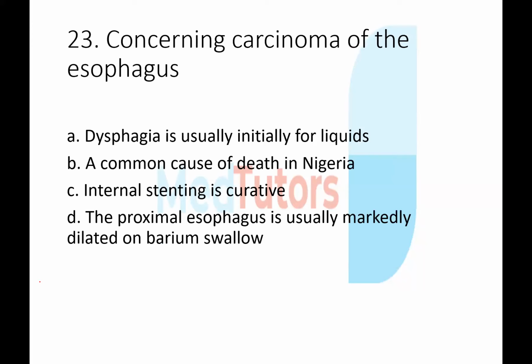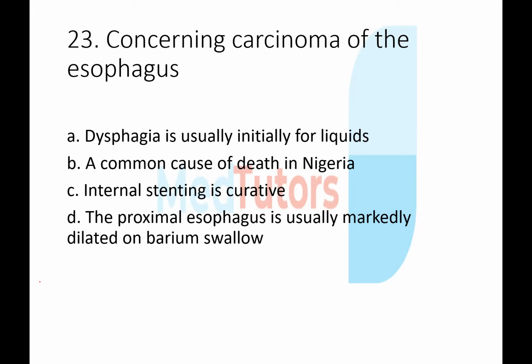Concerning carcinoma of the esophagus, A, dysphagia is usually initially for liquid. B, a common cause of deaths in Nigeria. C, internal stenting is curative. D, the proximal esophagus is usually markedly dilated on barium swallow.